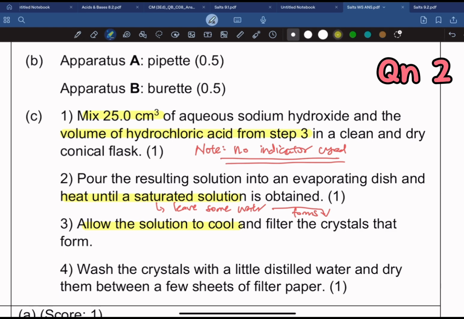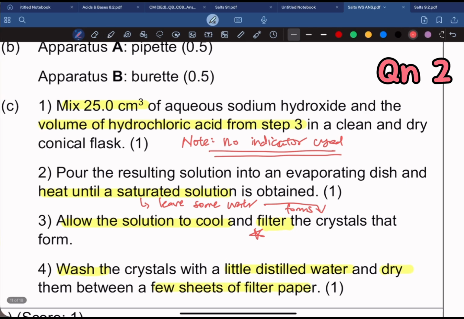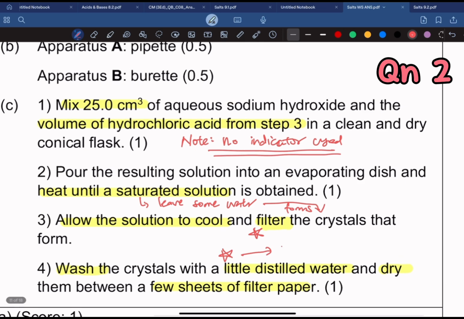Once you have crystals there, you're going to filter. Filter first, obtain the crystals, then you're going to wash with a little distilled water and dry with a few sheets of paper. Now, this word here, little, is good to use in this case because you are forming a soluble salt.